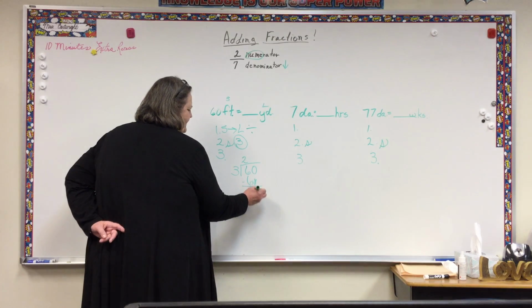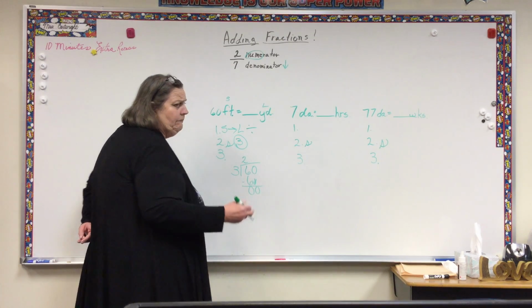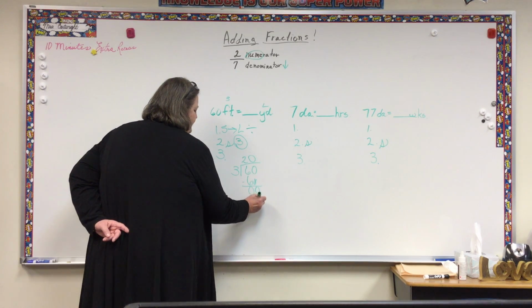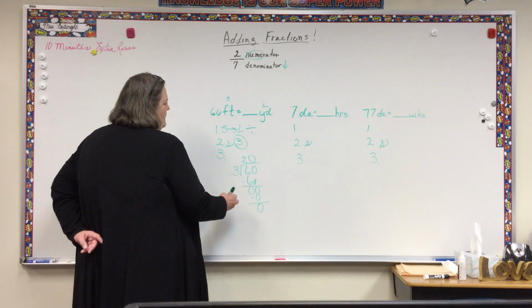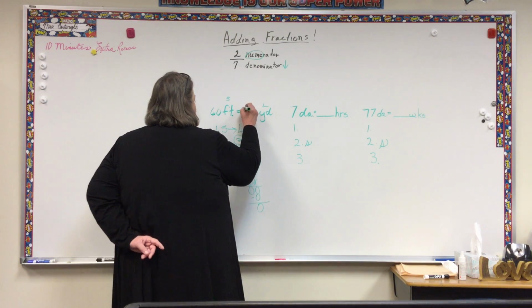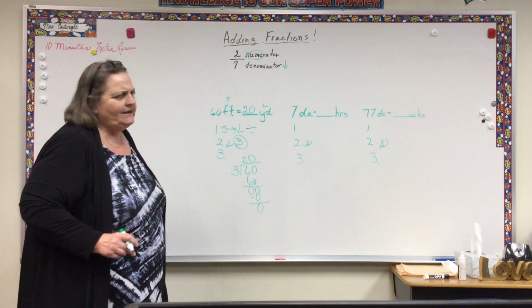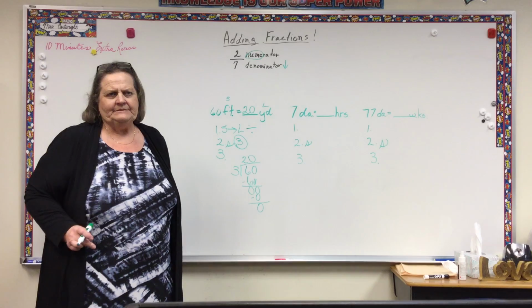I bring down my 0. 3 will go into 0, 0 times. And 0 times 3 is 0. So that gives me 20. So I come up here and write my answer. 60 feet equal 20 yards.